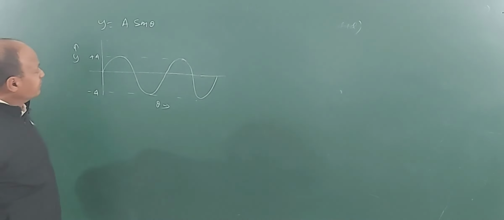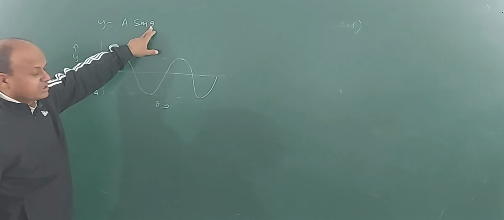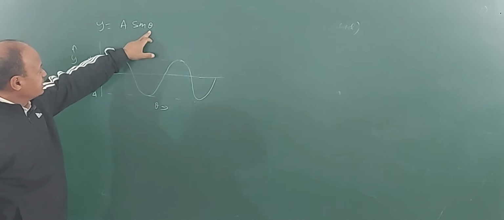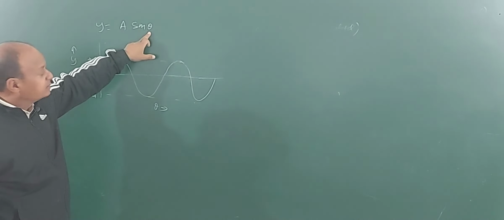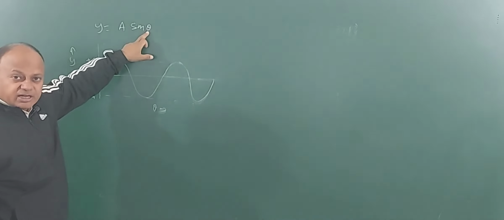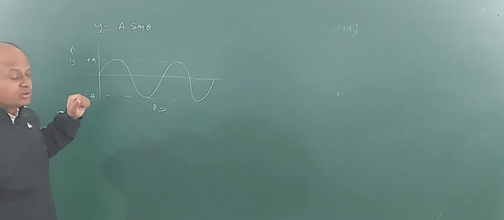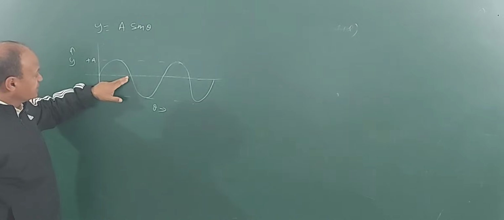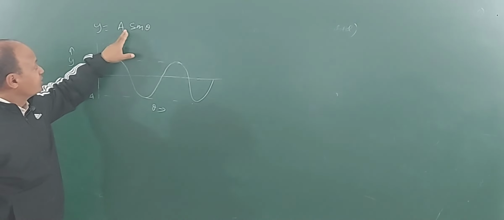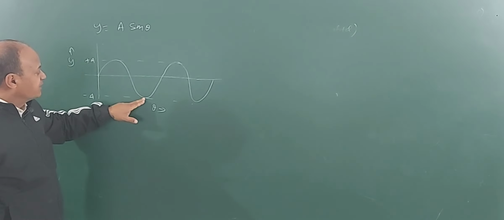By substituting values you can see, if theta is 0, then sin 0 is 0. Theta is 90 degrees and sin 90 is 1, so we have plus a. Theta is 180, sin 180 is 0, so y becomes 0. At 270, sin 270 is minus 1, so it becomes minus a.